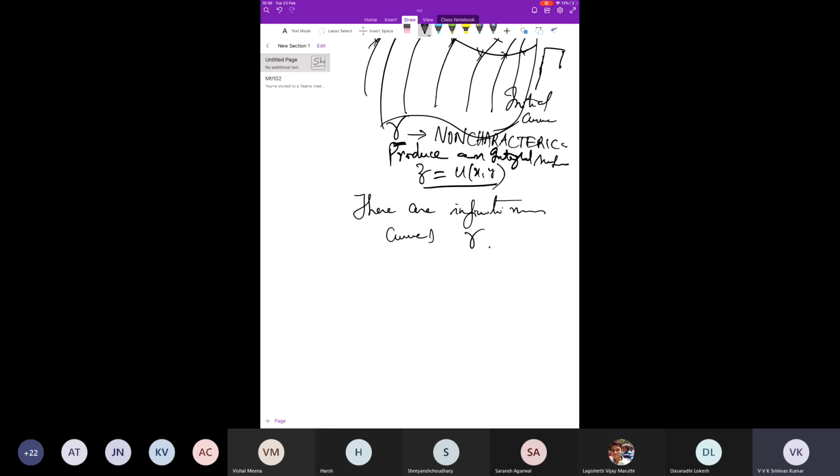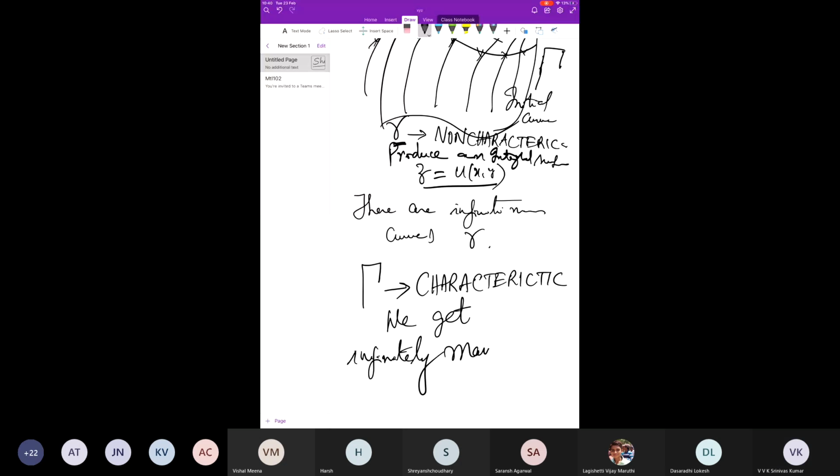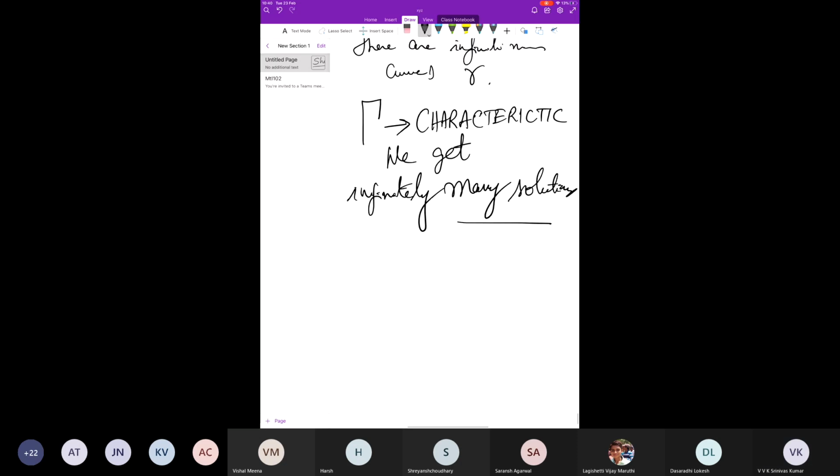So there are infinitely many solutions for this type. The conclusion of problem 3 is that whenever the initial curve gamma is characteristic, we get infinitely many solutions. That is the conclusion of problem 3.